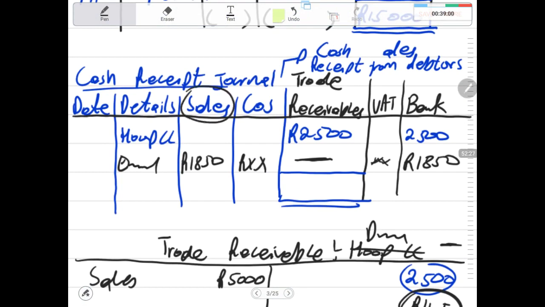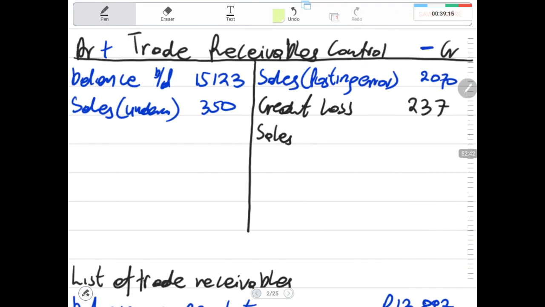So now when we're correcting this transaction, we need to cancel it from sales and transfer it to trade receivables control. Hence we're saying sales, because sales are decreasing on the debit side, and if sales are credited, that means under the sales ledger account this amount will go on the debit side. We are reducing our sales because there was no sale that we made.